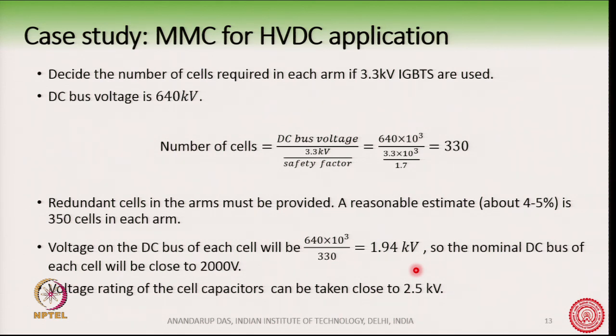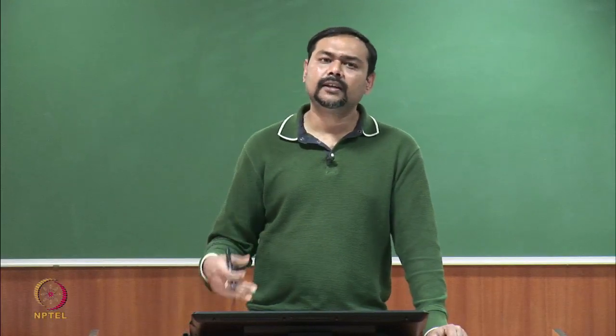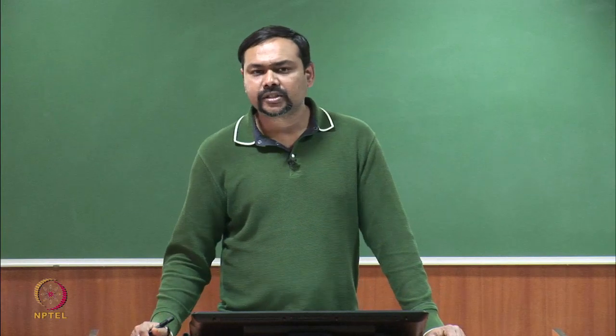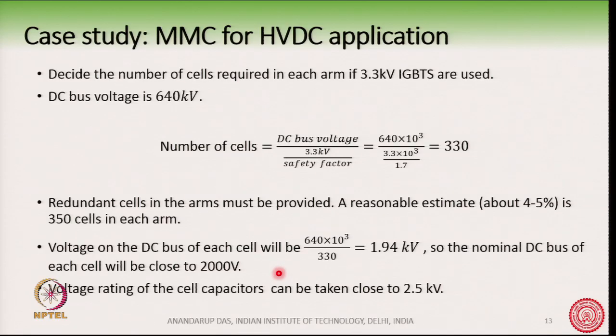So, we are using a 3.3 kV IGBT for a DC bus of 2000 volts, taking almost a safety factor of 1.6 or 1.7, which is a reasonable approximation for a first estimate.